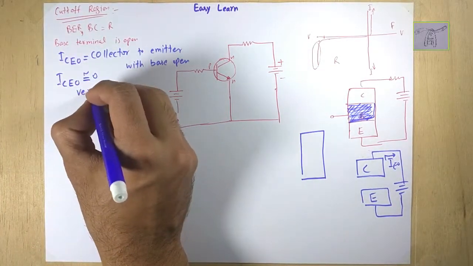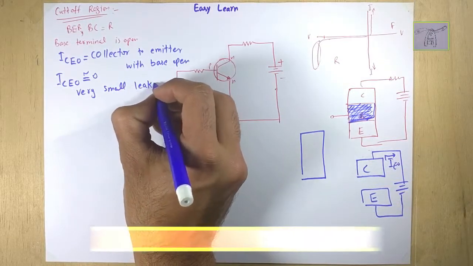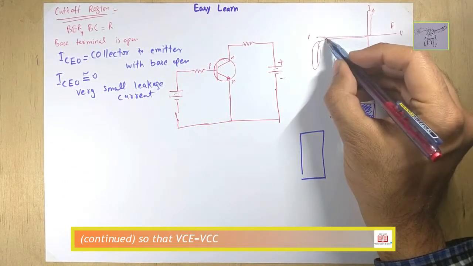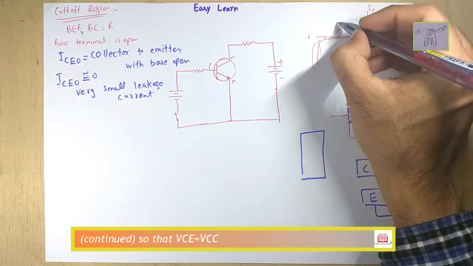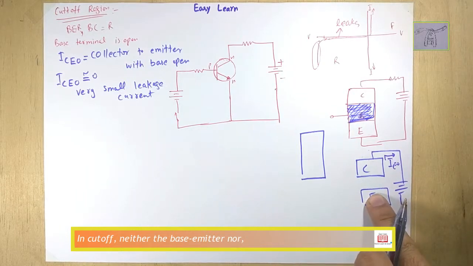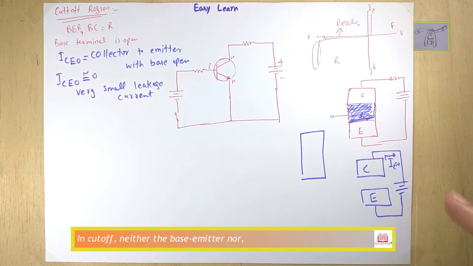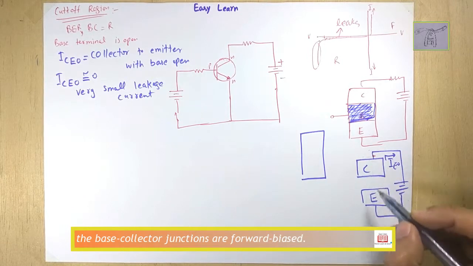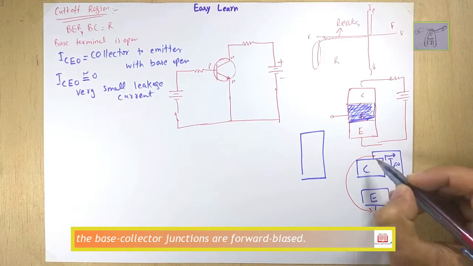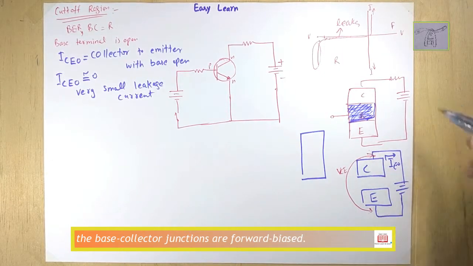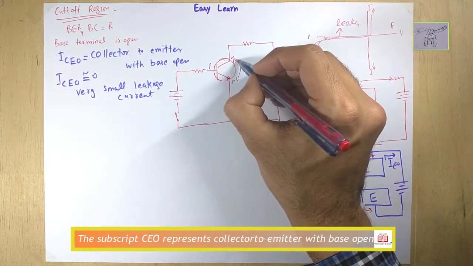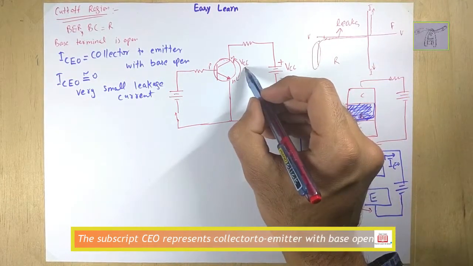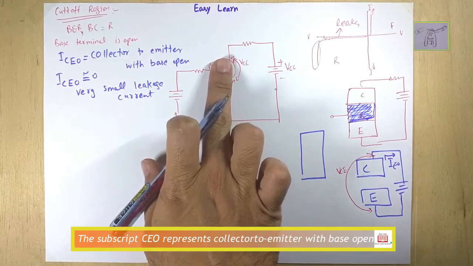There is a very small leakage current. Here you can see a very small leakage current, and in this situation, when we connect our voltmeter terminals at the collector and at the emitter, VCE, the voltage at the collector with respect to the emitter, is equal to VCC, because there are no drops here.